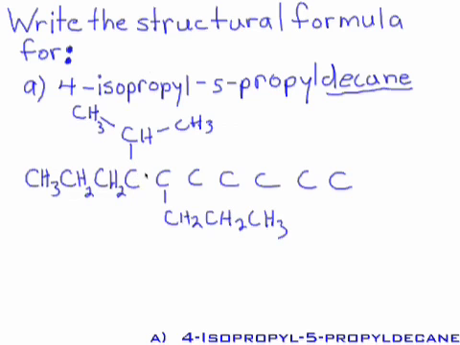This carbon has 3 carbons, so he's just an H. This carbon has 3 carbons, he's just an H. H2, H2, H2, H2, H3. And there you have it, the structural formula of 4-isopropyl-5-propyldecane. Let's try question B.